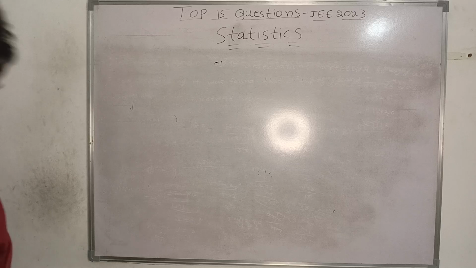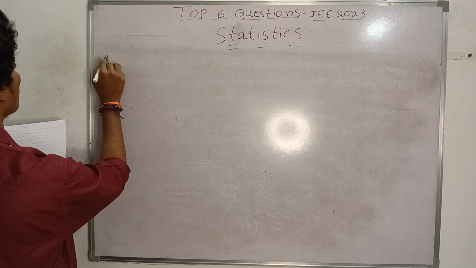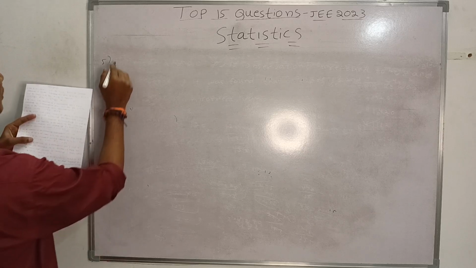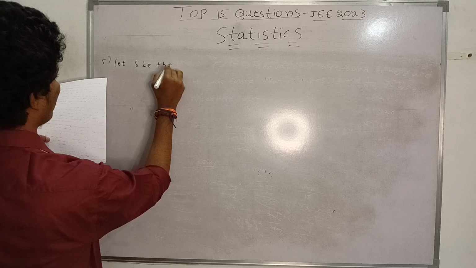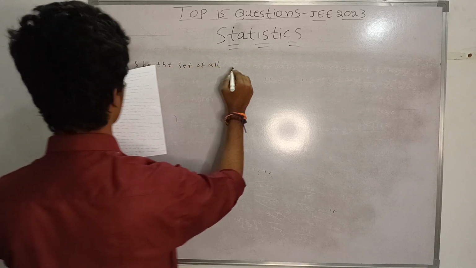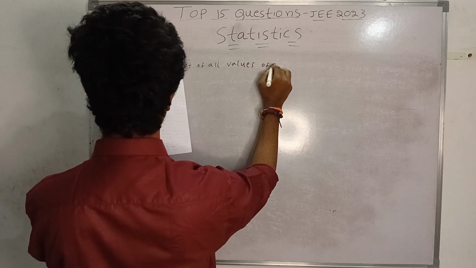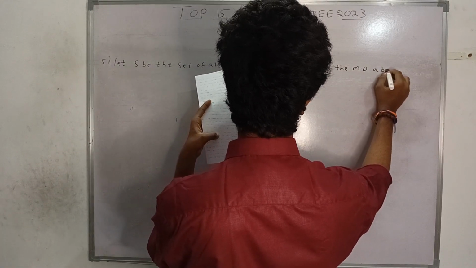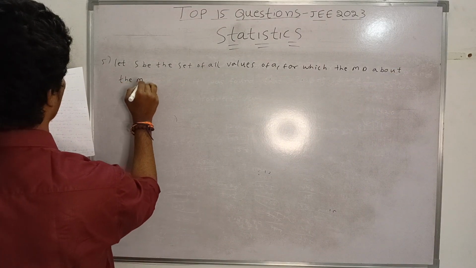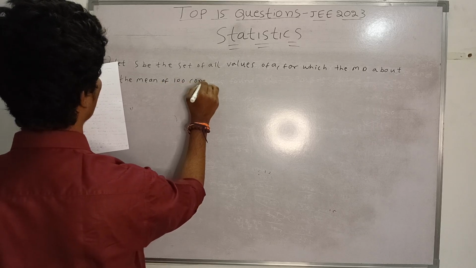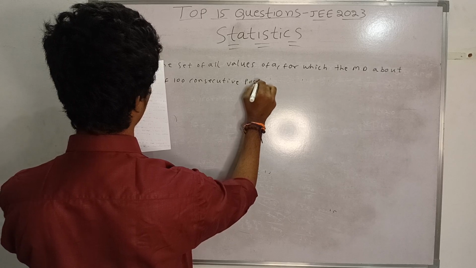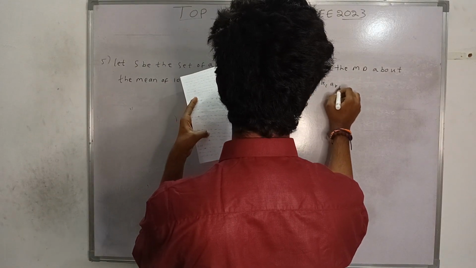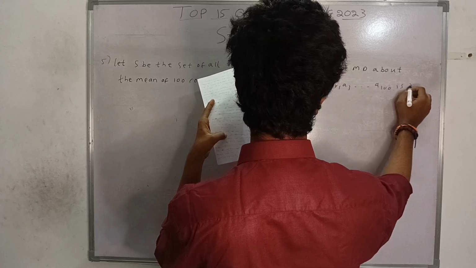And now the next question. Let S be the set of all values of A for which the mean deviation about the mean of 100 consecutive positive integers A1, A2, A3 up to A100 is 25.